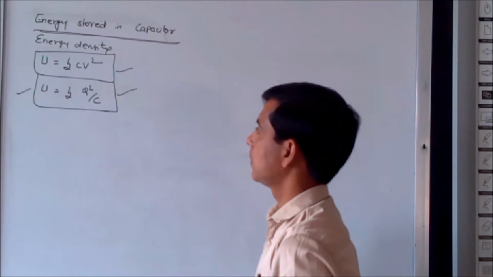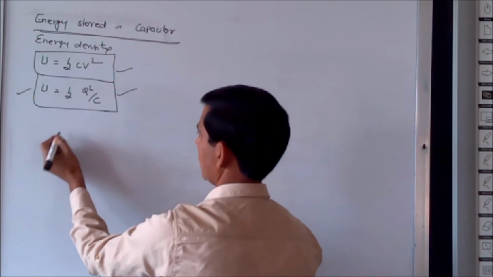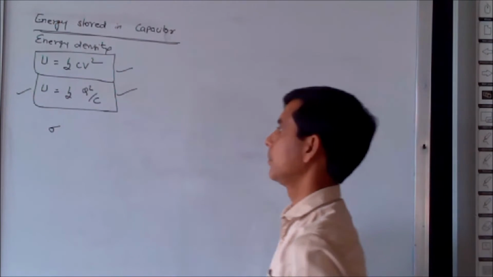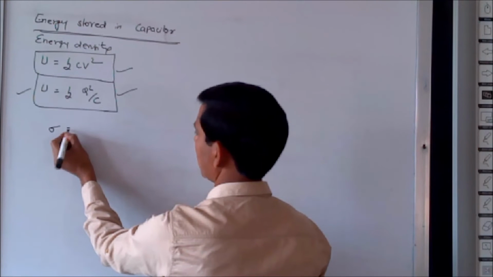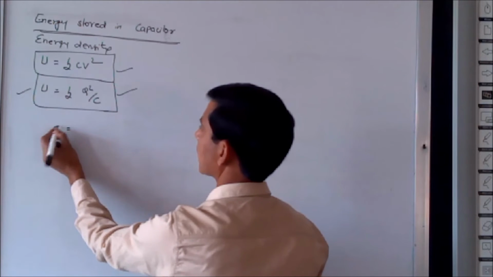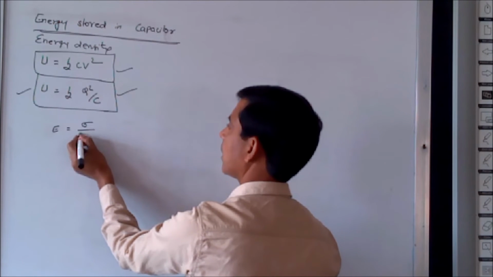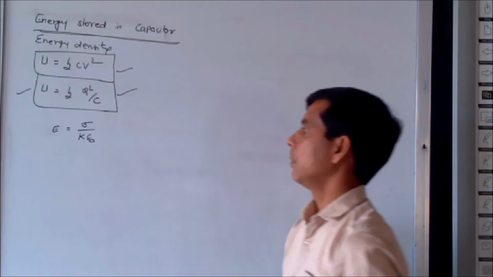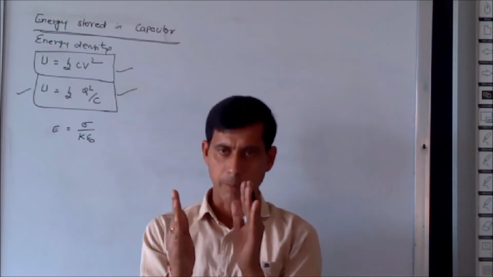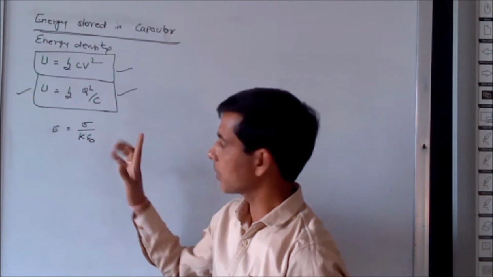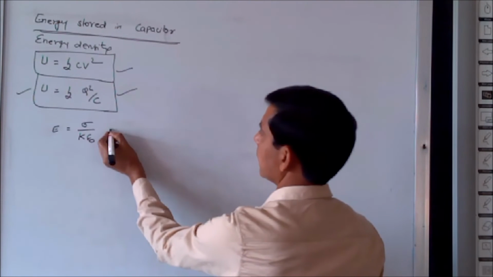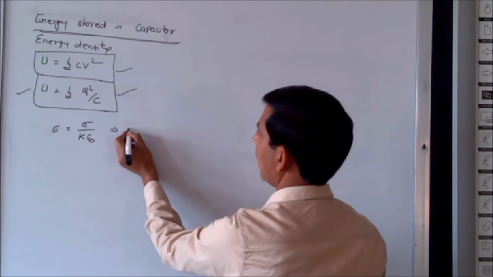Suppose sigma is the surface charge density, then the intensity between the plates is sigma upon k epsilon naught. By Gauss theorem we obtained that the intensity between the plates is given by sigma upon k epsilon naught. K is the dielectric constant between the plates.